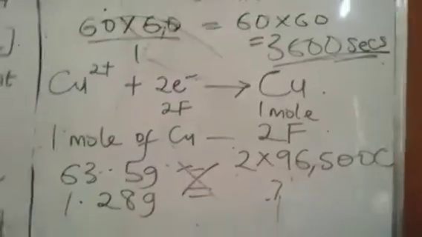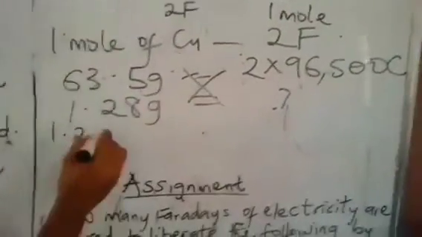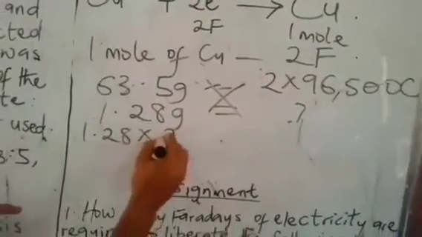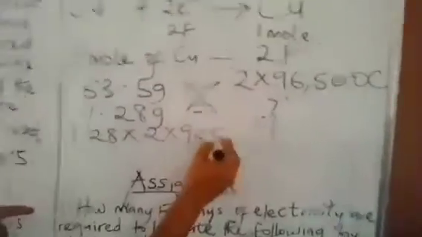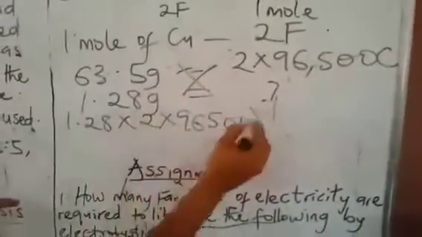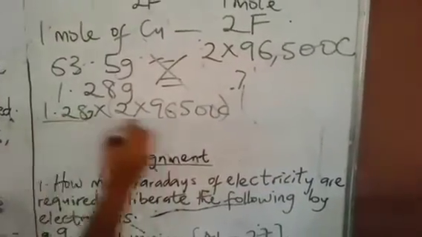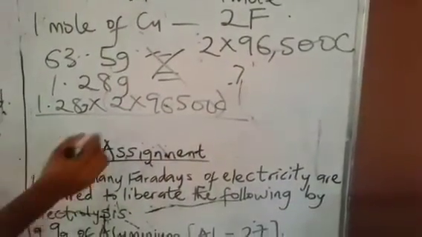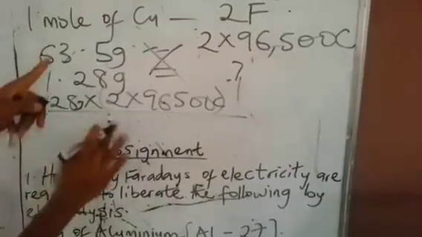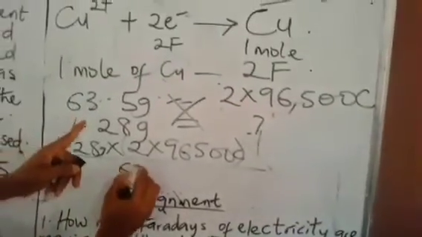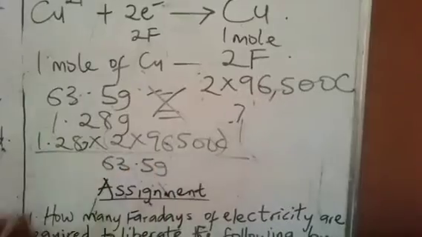We have to cross multiply. We have 1.28 times 2 times 96,500, so you don't get confused, you have this in gram, all over 63.5 gram.